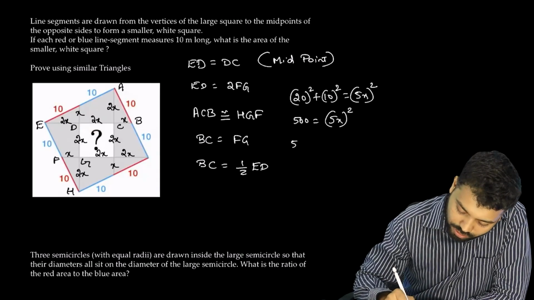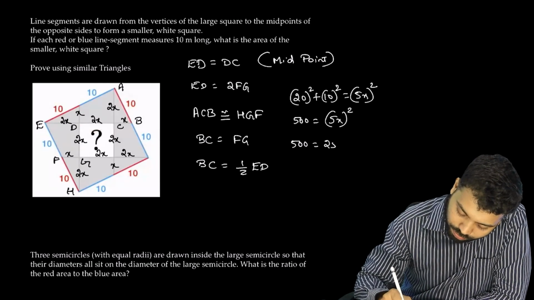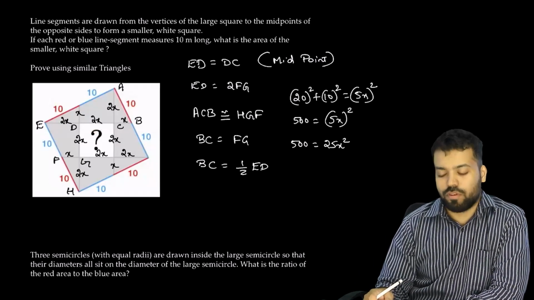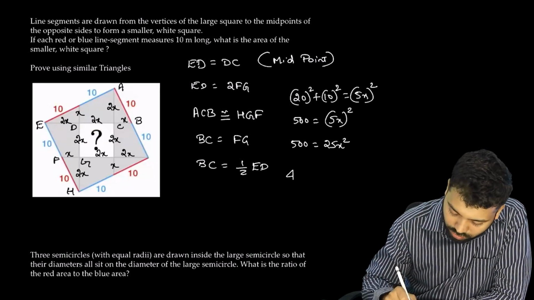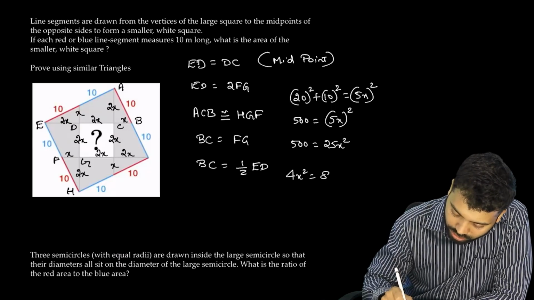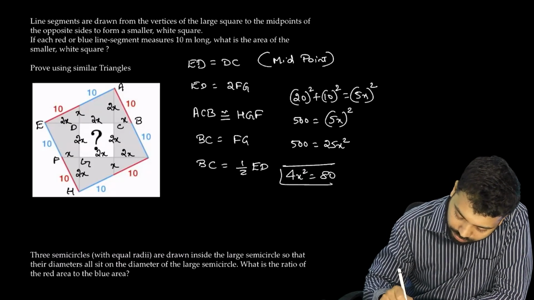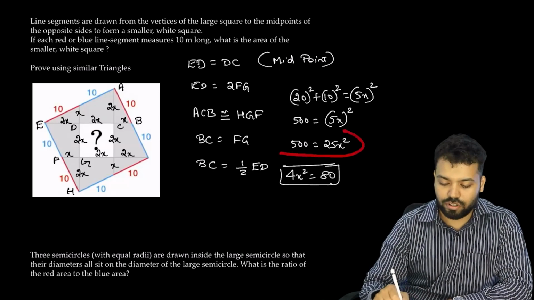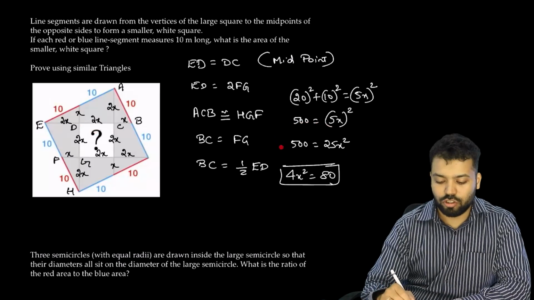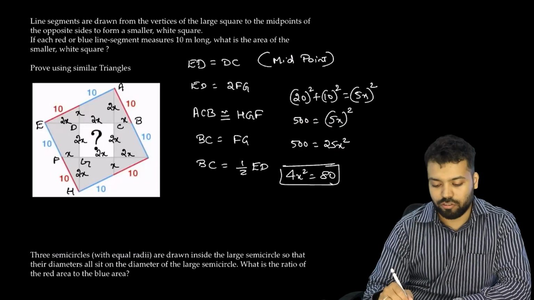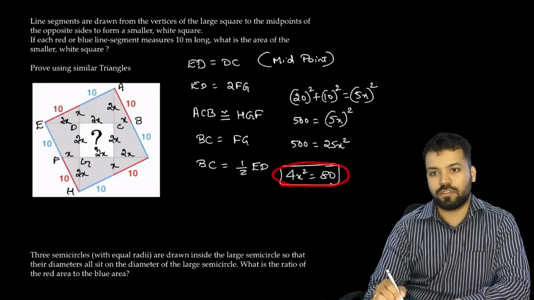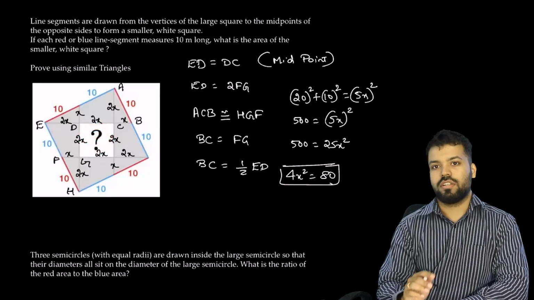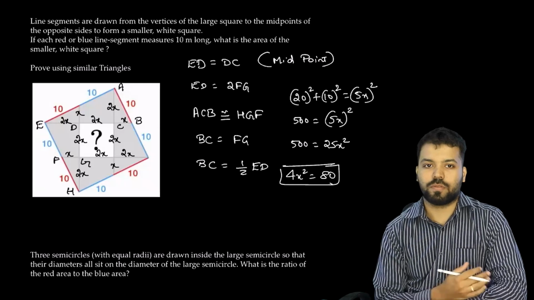So this implies 500 equal to 25x square. So how much will be 4x square? So this 4x square will be 80, because from here 500 equal to 25x square. So x square is 20, and 4x square will be 80. So that is the area of this square. So this is another simpler method to solve this problem.